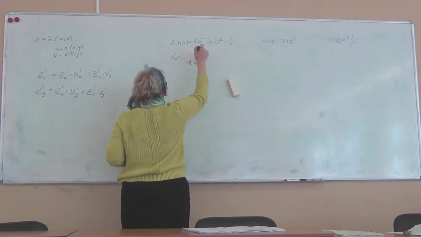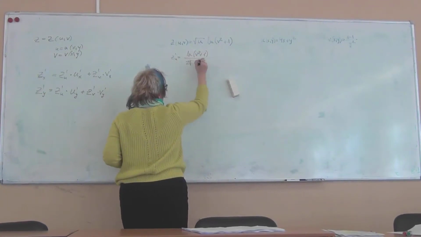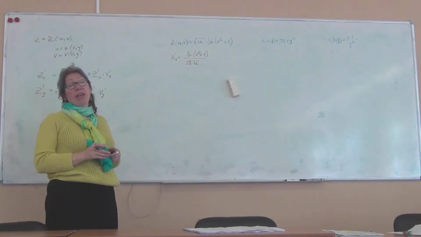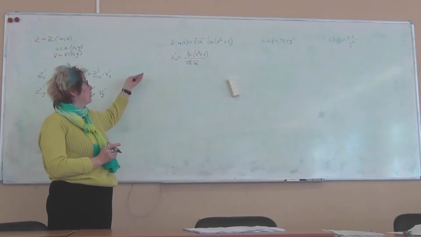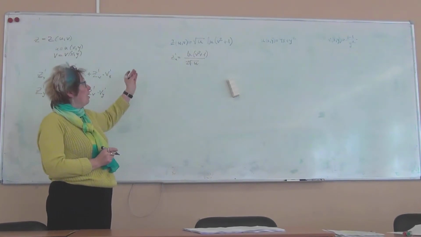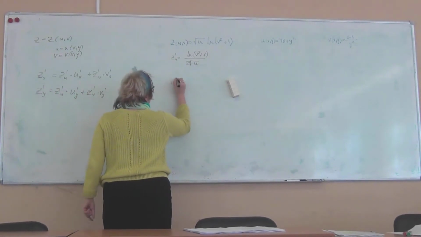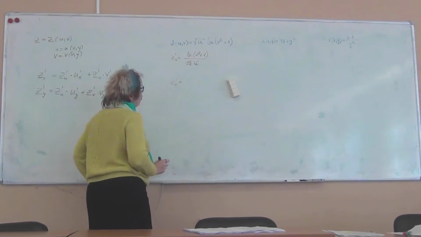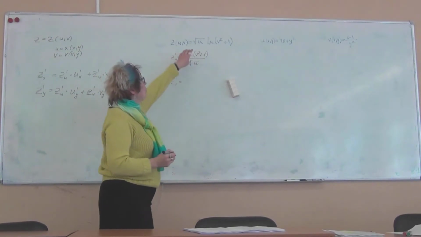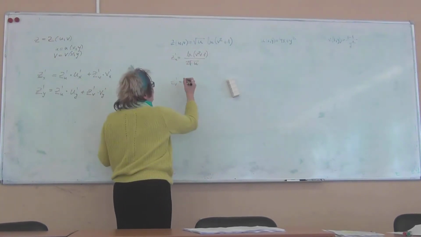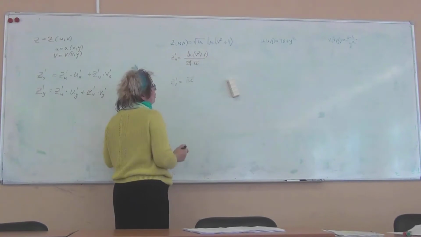And of course this plays the role of the constant in this case. But it is possible to have more complicated functions, of course. In this case it's quite easy and not so bad, because that makes our task easier. Z derivative by v. Now, this is the constant, and we simply leave it there because it's a constant.